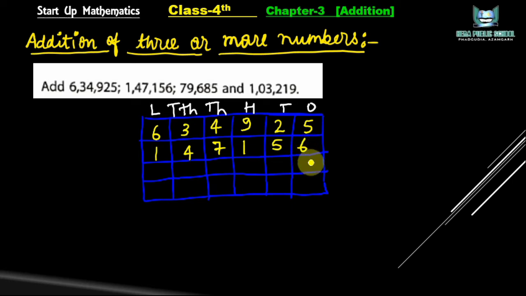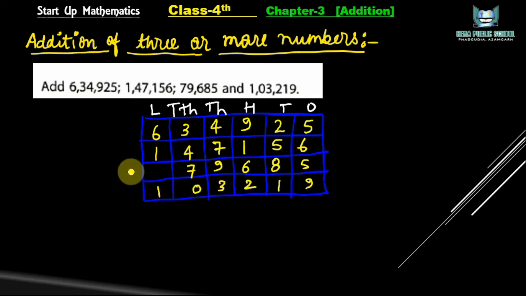And the next one is 5, 8, 6, 9, 7. And the last one is 9, 1, 2, 3, 0 and 1.